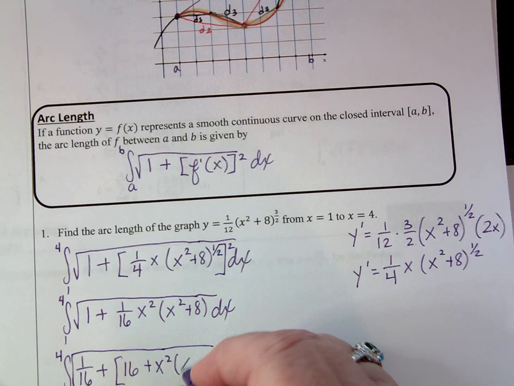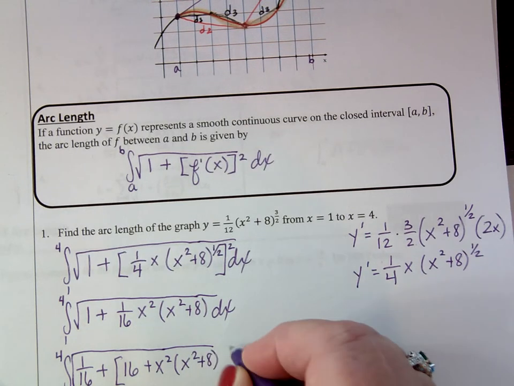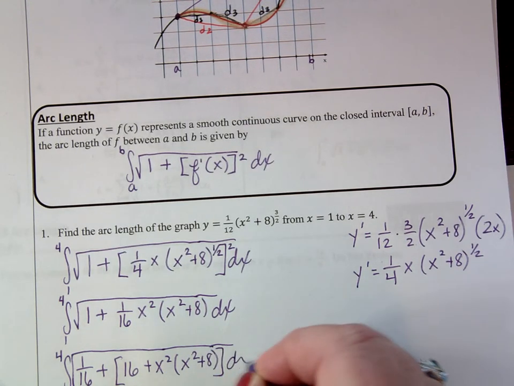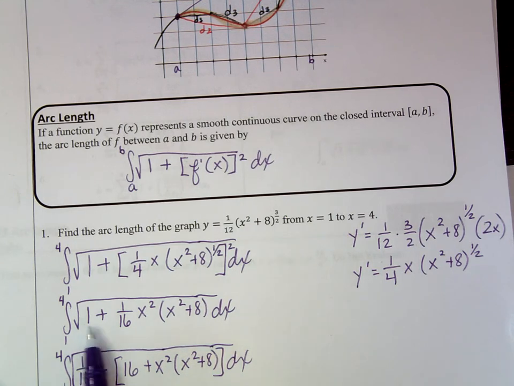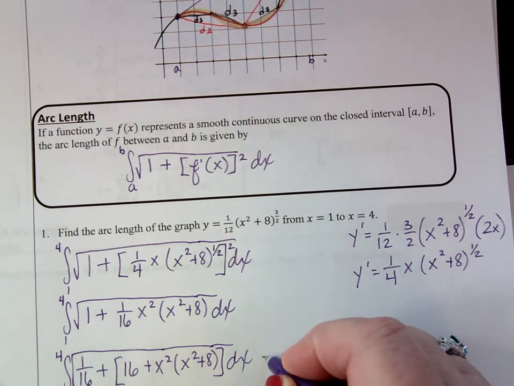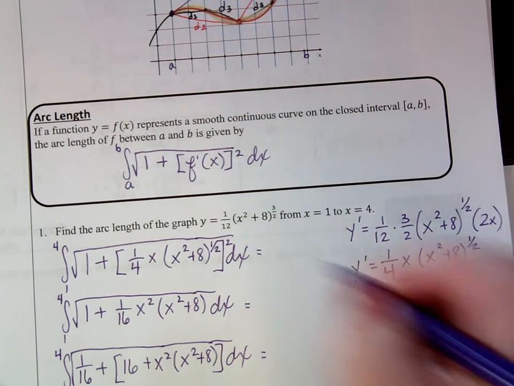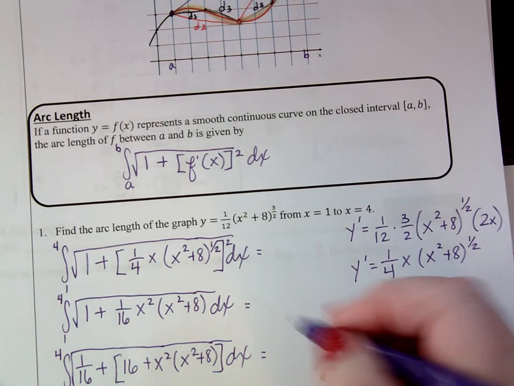Parentheses x squared plus 8 with respect to x. So in other words, they changed it and factored out the 1/16 out of the whole thing, which is kind of odd, but that's what they did. And then they also put it as, I guess I should put all these as equals because they're all the same thing. Here's another one that I saw.